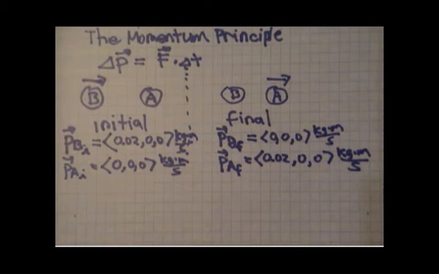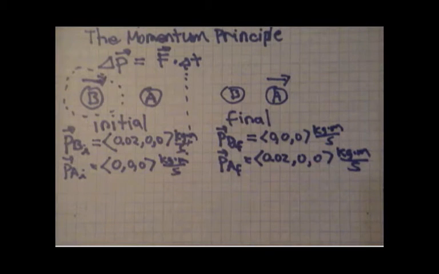And I'm going to choose to analyze the collision. I'm going to choose as the system ball B. So I'm going to put a little dotted line around ball B. And everything inside that dotted circle constitutes our system, and everything outside that dotted circle constitutes the surroundings.